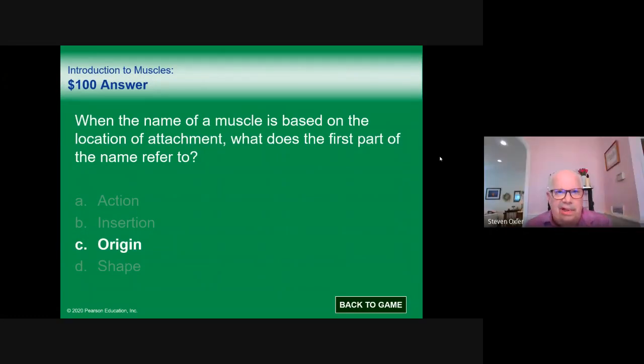Origin. All right. The typical example is sternocleidomastoid. The first part is sterno. Where is the attachment of the sternocleidomastoid? The sternum. Yes, the sternum. Okay. And the last part is the insertion.